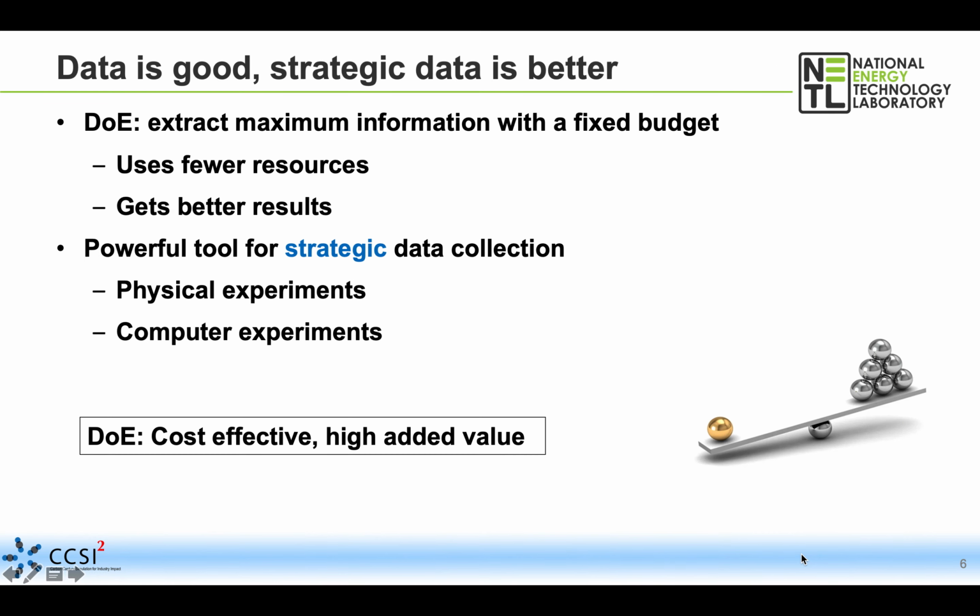Design of experiments allows us to collect data strategically, and that helps us to make better decisions. The design of experiments is a strategy for extracting as much information as we can about the system under study given a fixed budget. So this allows us to use fewer resources but still get high quality results.